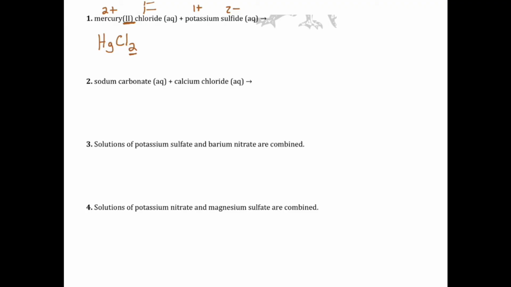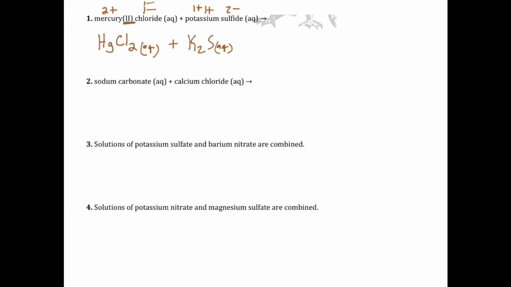You need 2 chlorines to balance with the 1 mercury. This is aqueous, and we know that because it tells us right there. Plus potassium sulfide. Potassium is a 1 positive, this is a 2 negative, so we need 2 potassiums for every 1 sulfide. Again, this is aqueous because it tells us it's aqueous.